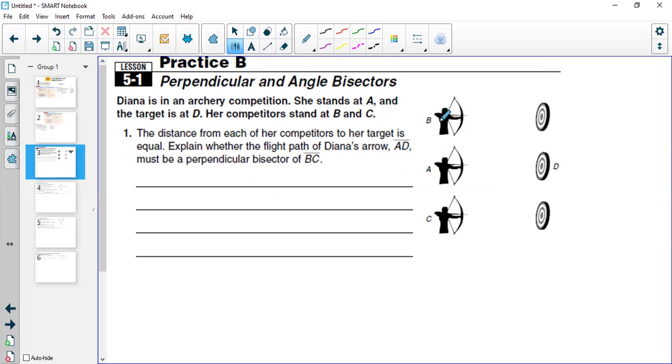Now, they did not say the distance from Diana to the competitors is equal. If they had said that, that means yes, it should be a perpendicular bisector. They only said the competitors to her target is equal. So from the competitor to the target, maybe it's equal, but not from her to the competitor. So it does not need to be a perpendicular bisector of BC.